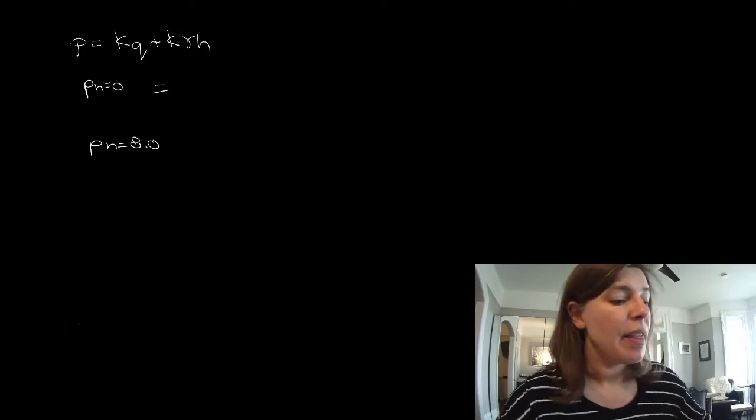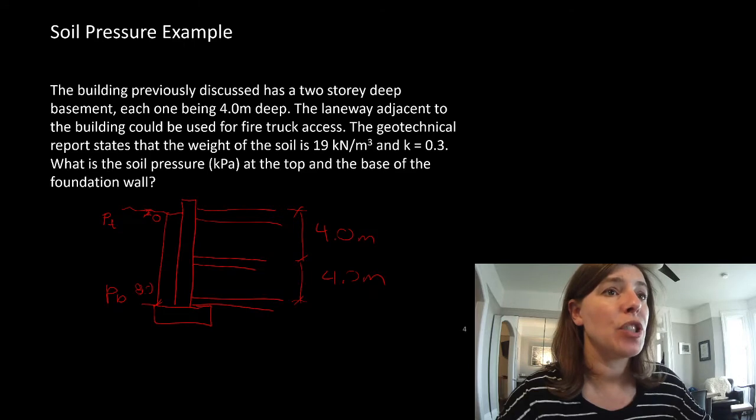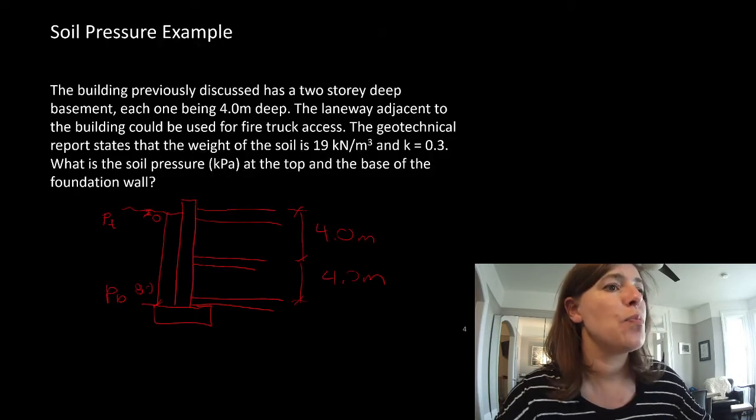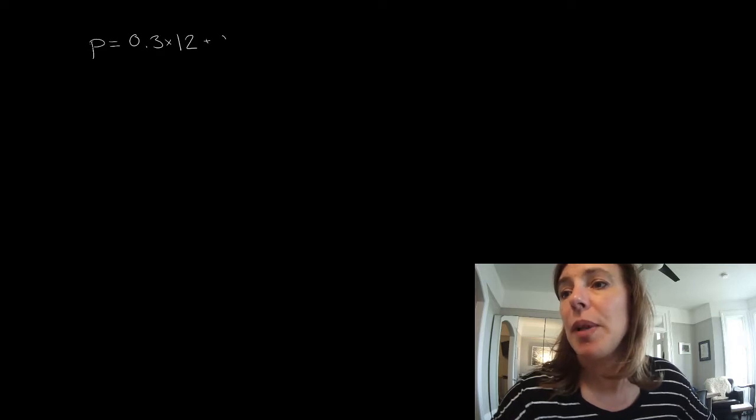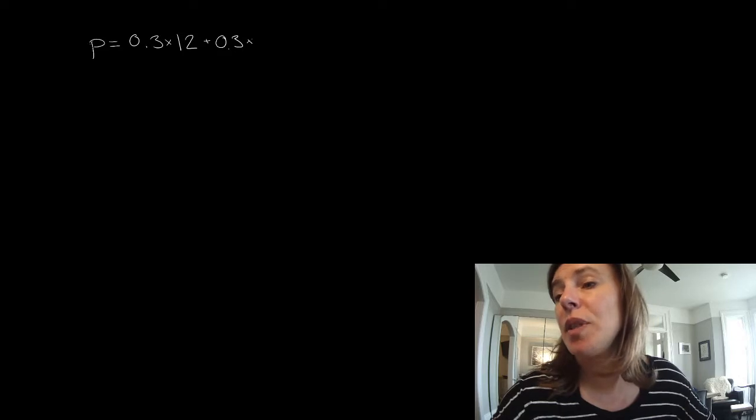So K, they told us in the question that it was 0.3. So P equals 0.3 times our surcharge of 12 kPa plus 0.3 times our soil weight of 19 times our height of 0.